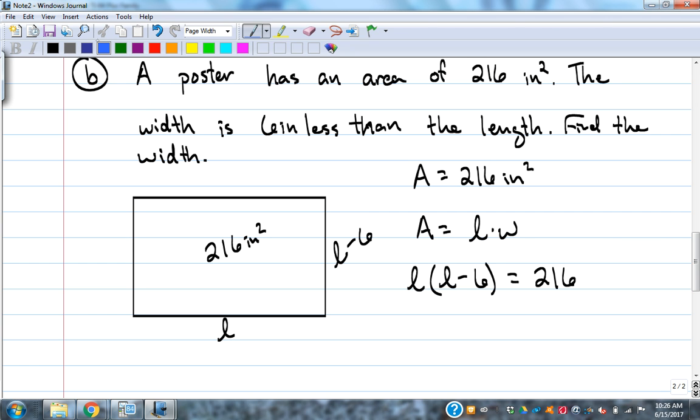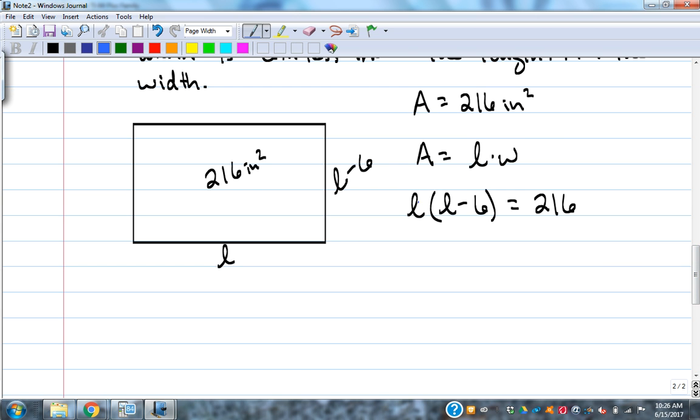And then take that and we're going to solve it. So the best way to solve that would be to multiply out the left side, because you got L times that. It's the distributive property over there. So I'm going to distribute both of those. So that's L squared minus 6L equals 216.